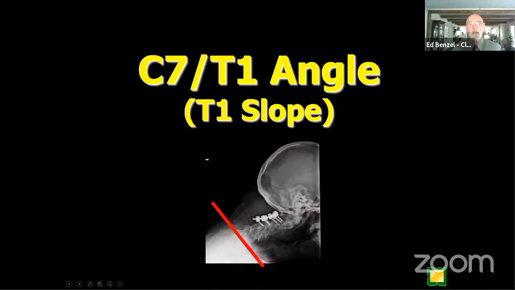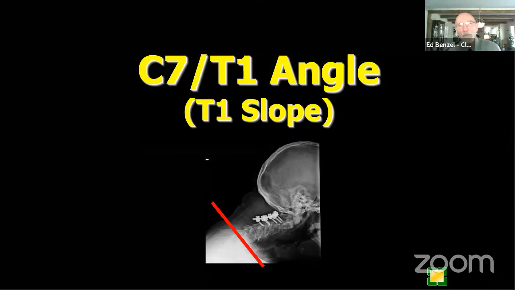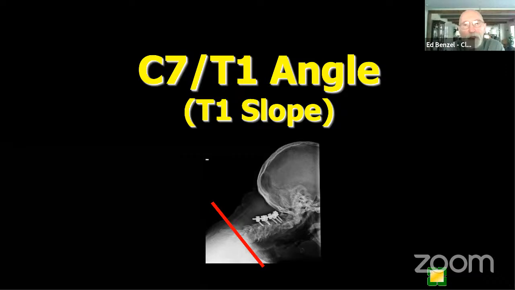So Greg Trost mentioned the C7-T1 slope. This patient is actually in most of the subaxial cervical spine in a lordotic posture. And yet she has a profound sagittal plane kyphotic deformity.